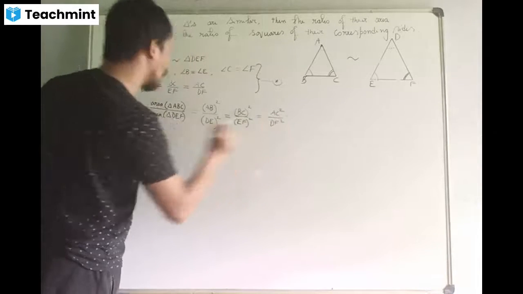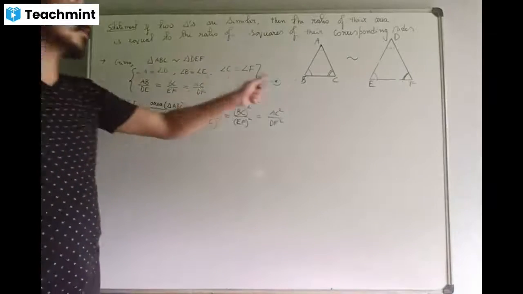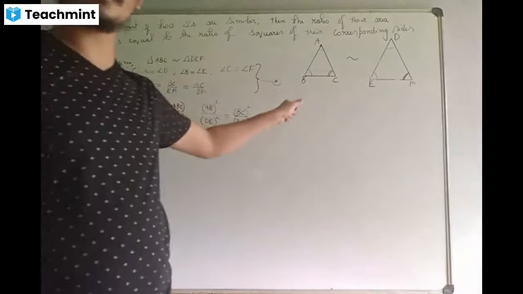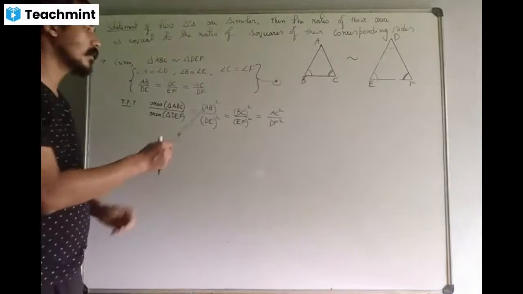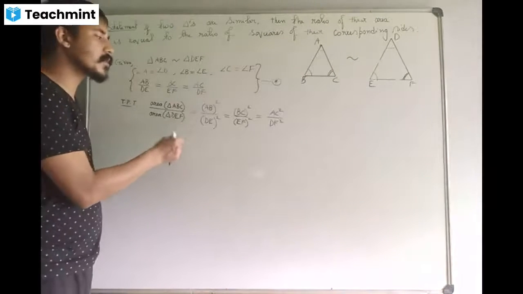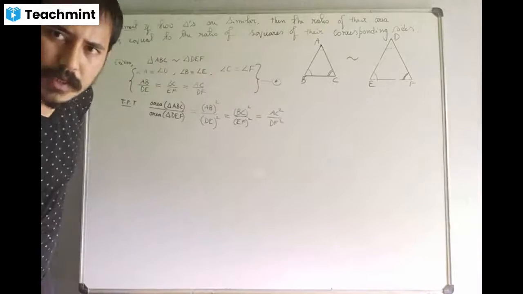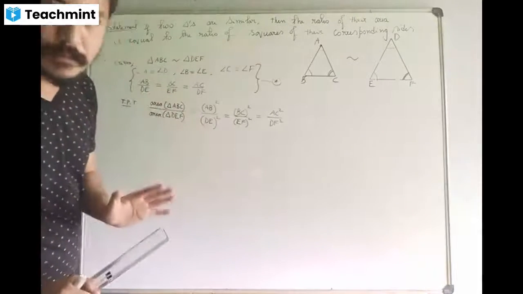So this is what you want to prove: that the ratio of their areas, area of this triangle upon area of this triangle, is equal to the ratio of squares of any of their corresponding sides. Is it okay? This is what we are going to prove.